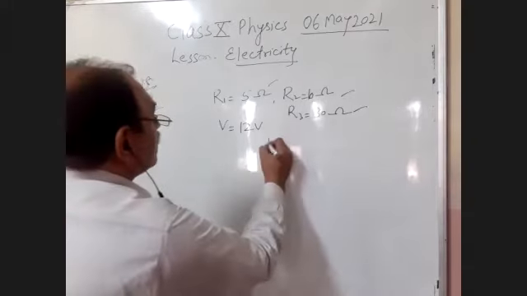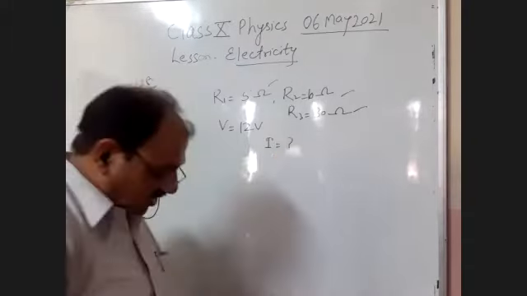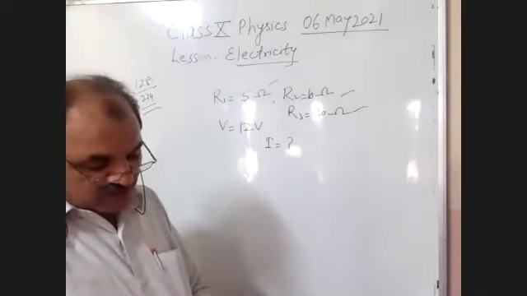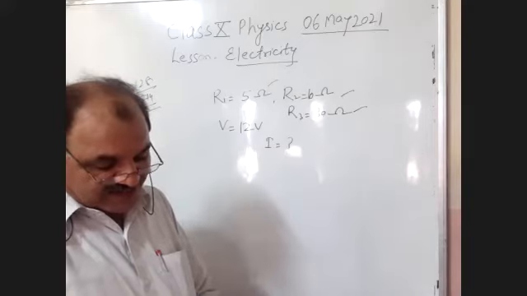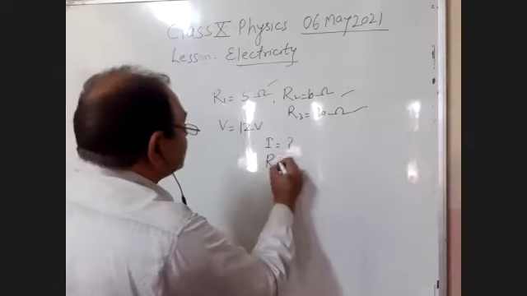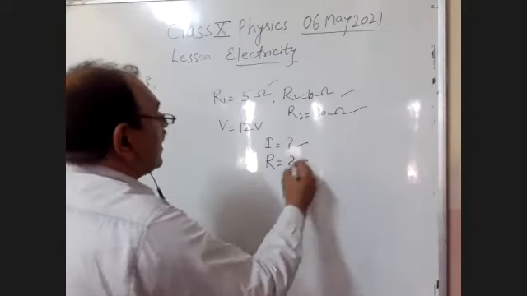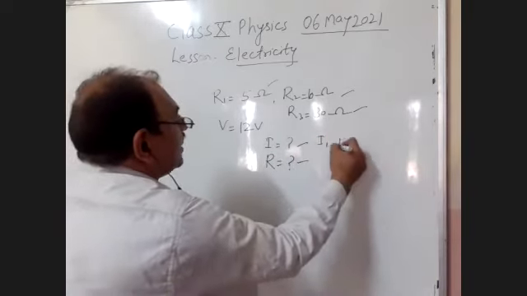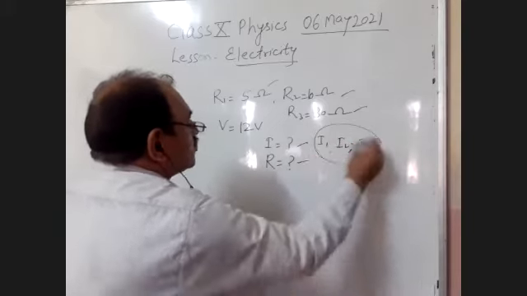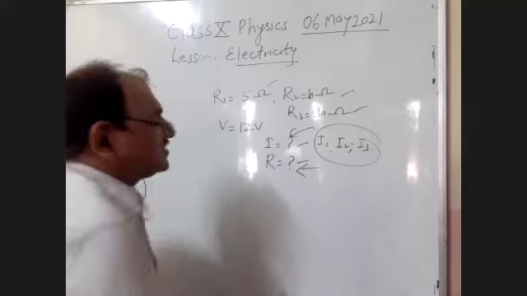We have to calculate the value of current through each resistance and the total current in the circuit, and the total resistance. That means we have to calculate the values of I, I1, I2 and I3, and further the total current and the resistance also.